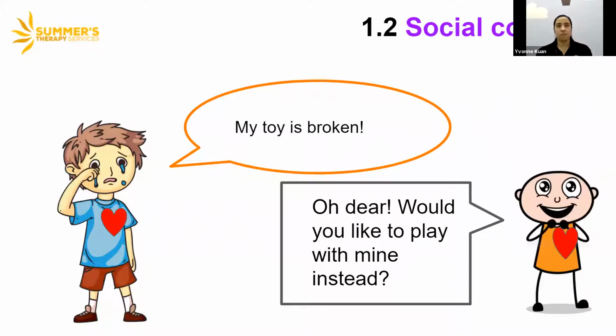So instead of going, okay, I want to go to the zoo, I would then use my social cognition skills to think, how can I change what I'm saying based on what is happening now? My friend is crying, they're upset that their toy is broken. I'm going to say, oh dear, would you like to play with mine instead? And share that moment instead. Okay, so that is using good social cognition skills to change.